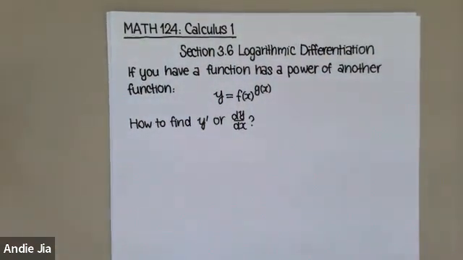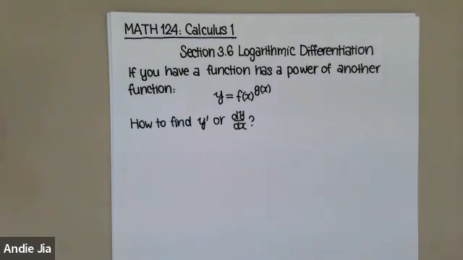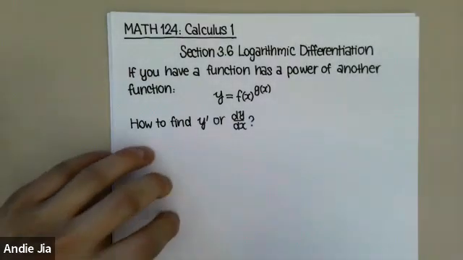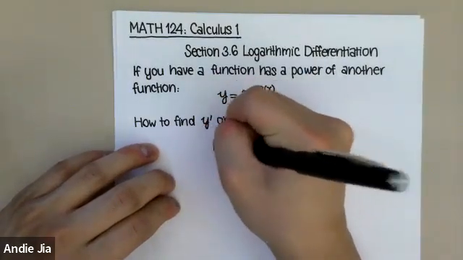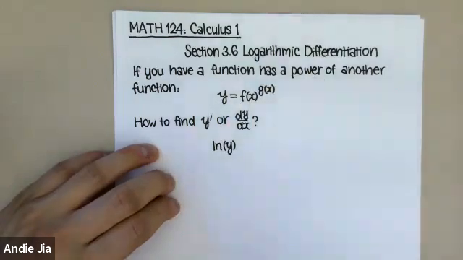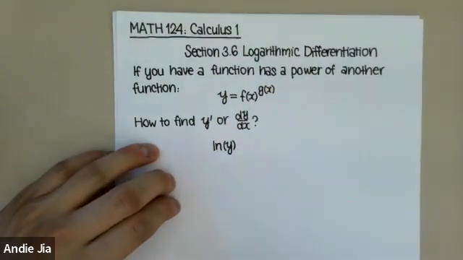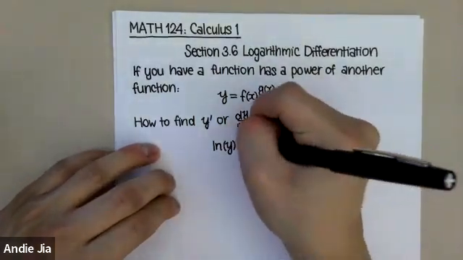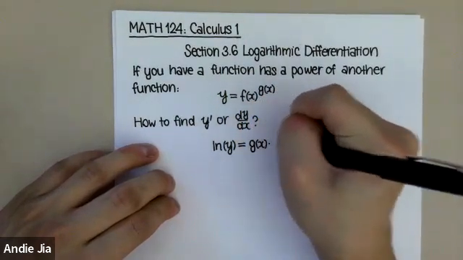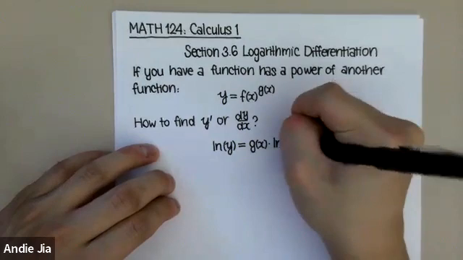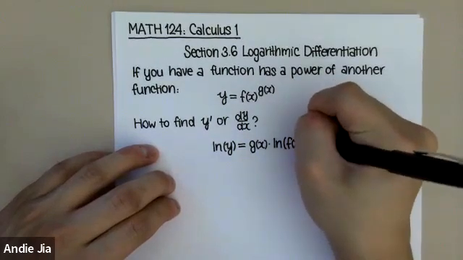This technique allows you to write natural log of y, and reduce it to natural log of y equals g of x times natural log of f of x.